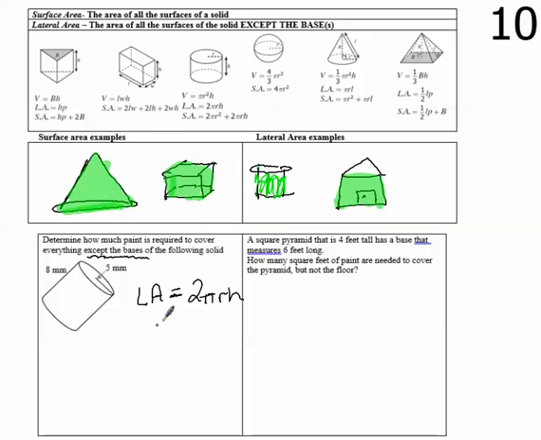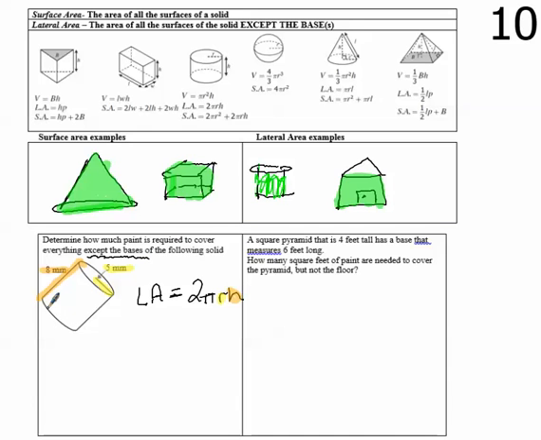Do I have everything? 2 is a constant, pi is a constant, r I'm going to need. Do I have r over here? Yeah, that's the radius. Height is the other variable I need. They've given it to me right here, that's the 8 millimeters.